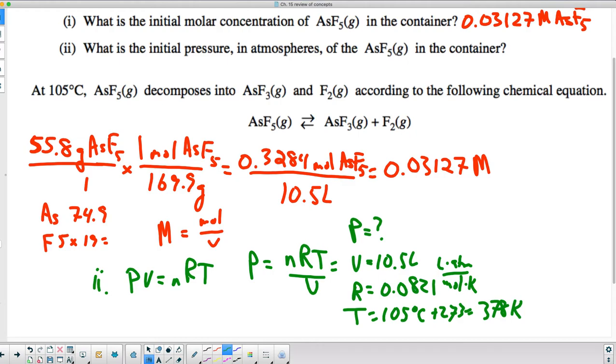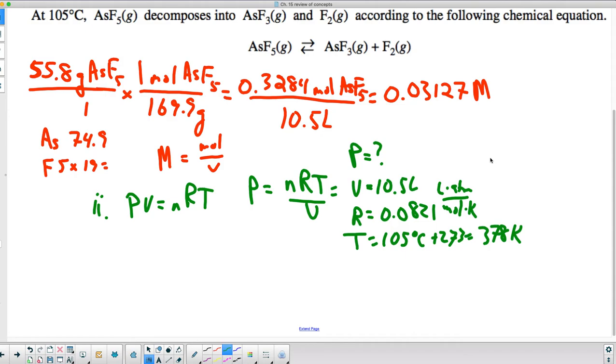My n is the one I just found up above, 0.3284 moles. Okay, so that's the number of moles.